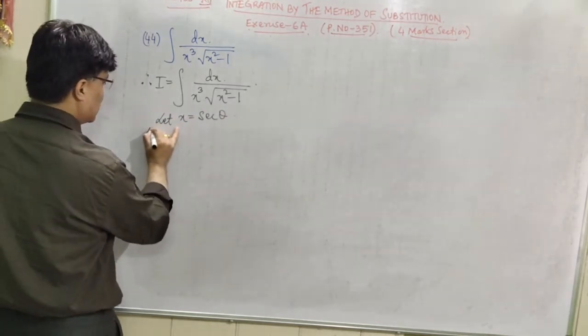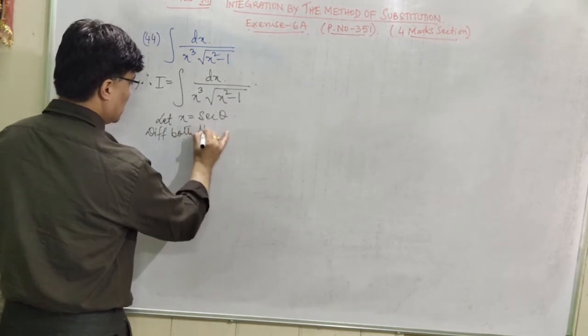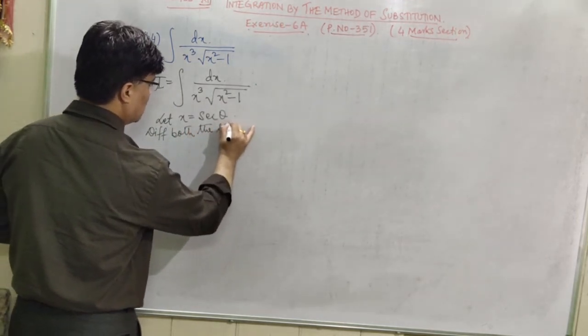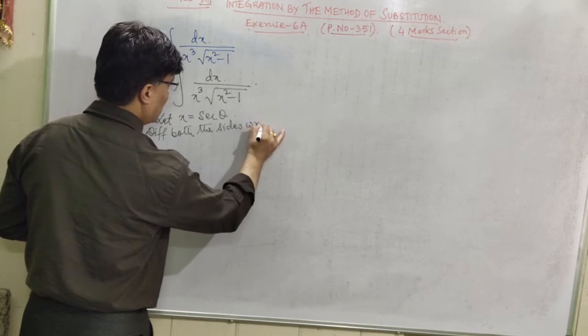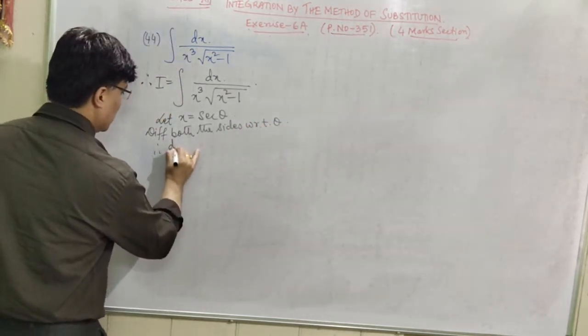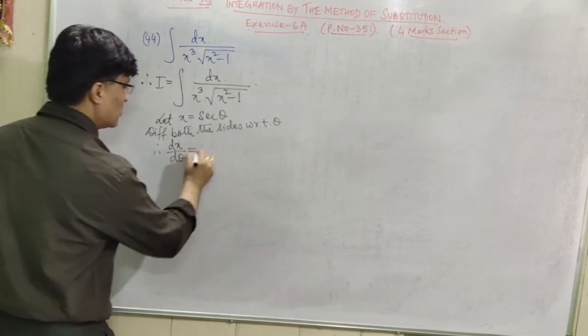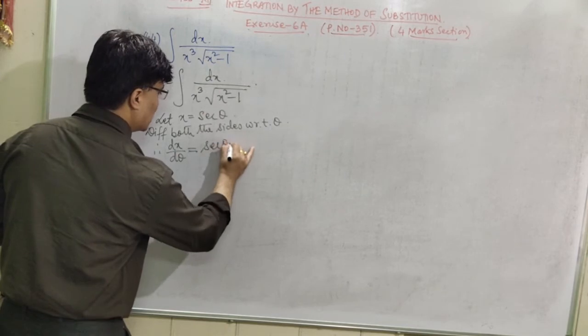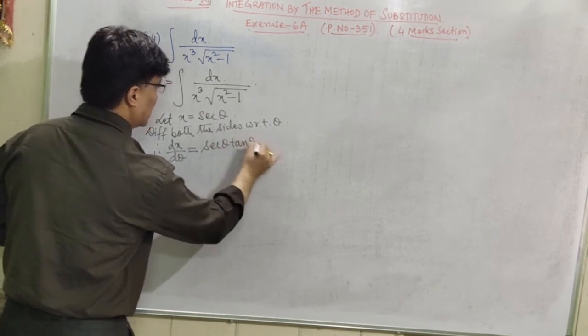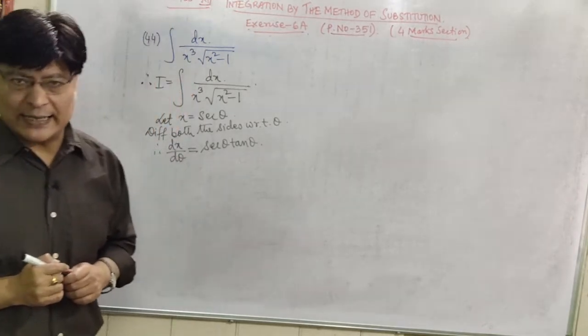Now differentiate both sides with respect to theta. So dx by d theta is equal to the differentiation of sec theta, and you know that the differentiation of sec theta is sec theta tan theta.